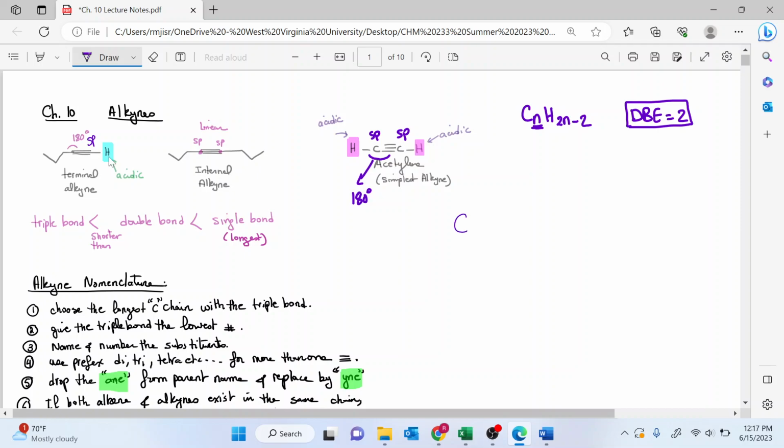And we know that an sp hybrid carbon is more electronegative than an sp2 hybrid carbon, than an sp3 hybrid carbon. So a hydrogen that is connected to an sp hybrid carbon is going to be more acidic than a hydrogen connected to an sp2 hybrid carbon, than a hydrogen connected to an sp3 hybrid carbon.